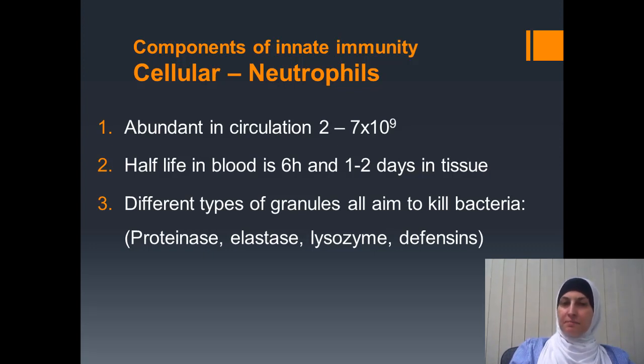Remember, defensin is a molecule that is responsible for killing of the bacteria by binding to the surface cell membrane and creating holes in the cell membrane. So these defensin molecules are also present as part of the granules inside the neutrophil.